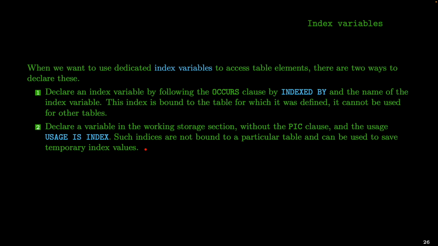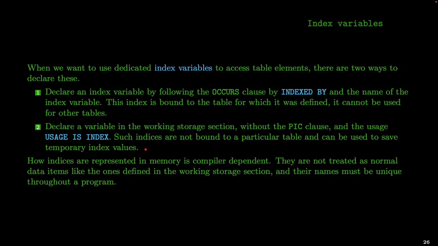And we can use that to save temporary index values. And how these index variables are represented in memory is, of course, compiler dependent. They're not treated like normal data items, such as the ones we defined in the working storage section. And naturally, their names must be unique throughout a program.